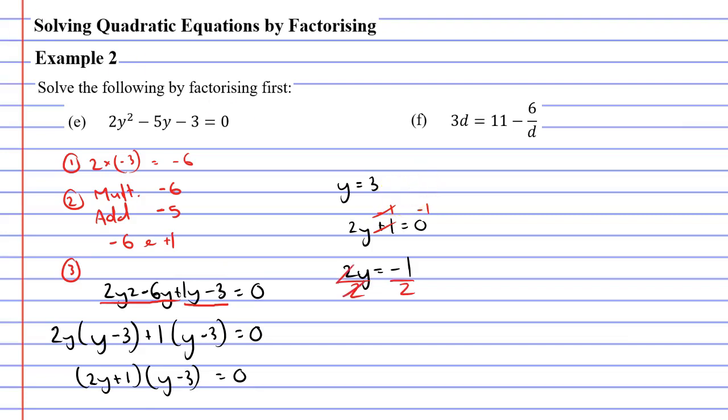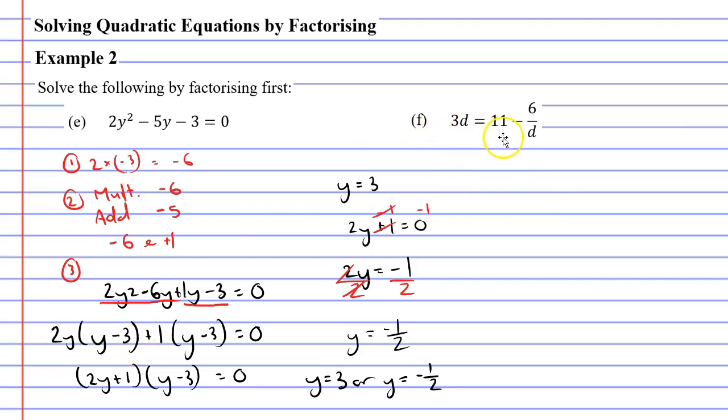This will cancel out the 2 next to the y, leaving us with y equals negative 1 over 2, or negative 1/2. So we now have our two solutions, y equals 3 and y equals negative 1/2. So we'll write that down at the end, that y can equal 3, or y could equal negative 1/2.